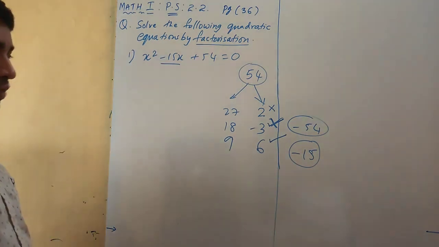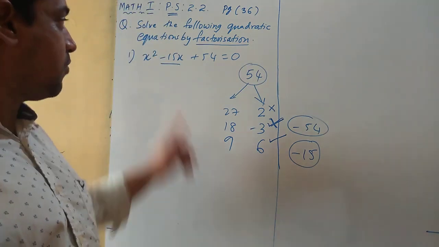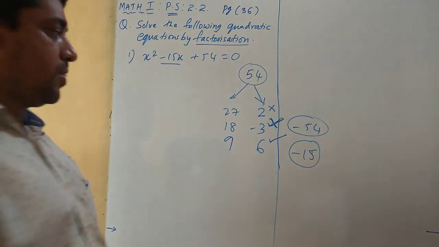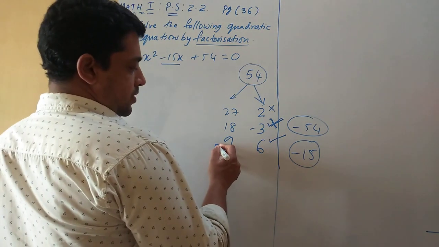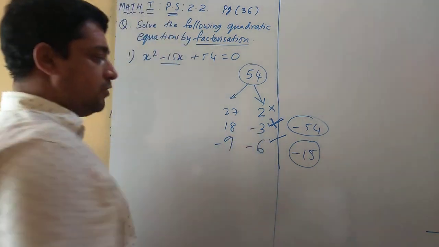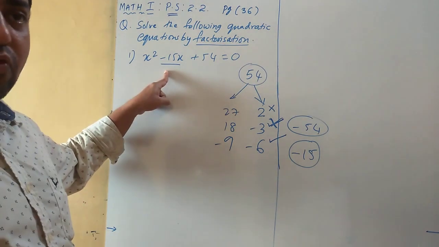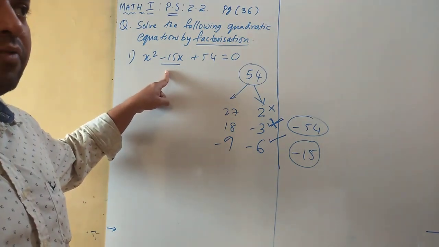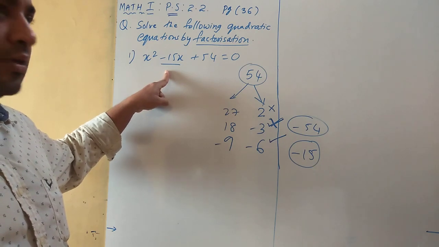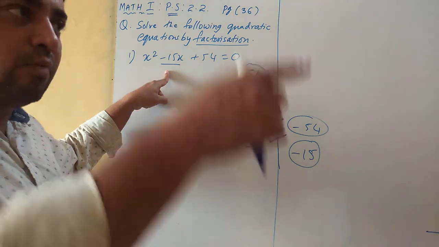Coming back to the next pair, the third pair. Let's check. Now I want minus 15. So I'll take 9 as negative and even 6 as negative. Then only I'll get negative 15. You know the rule of integers: when we add two negative numbers, the total will be added and the sign will be negative.